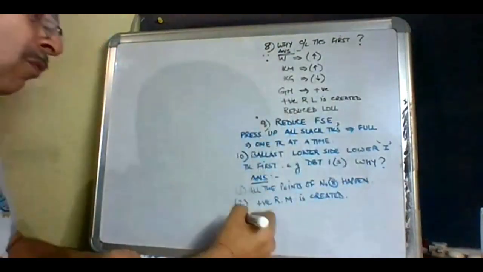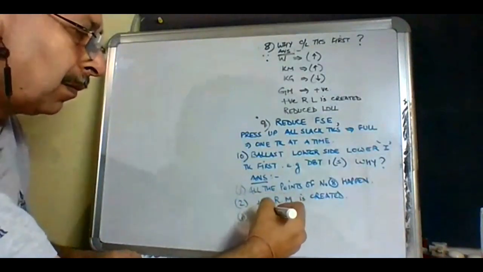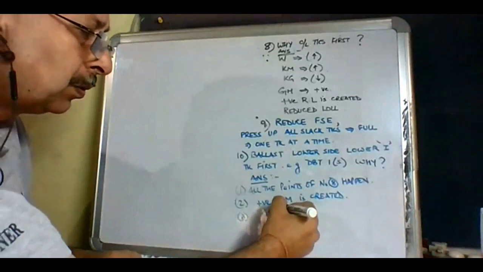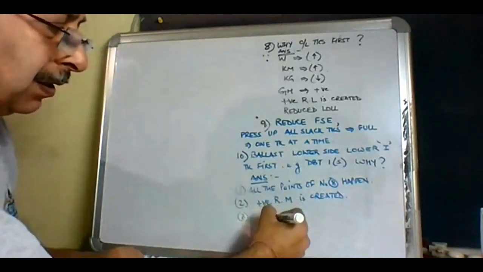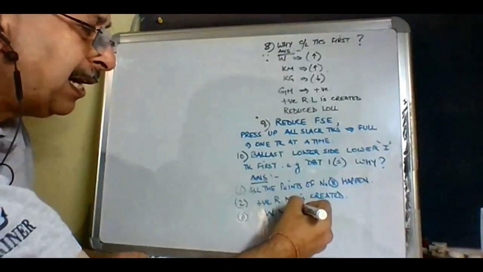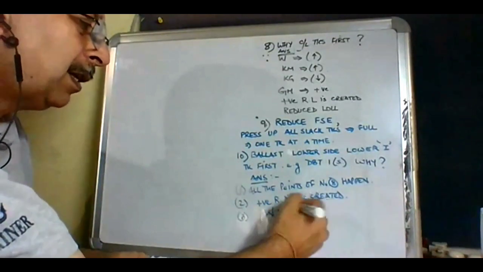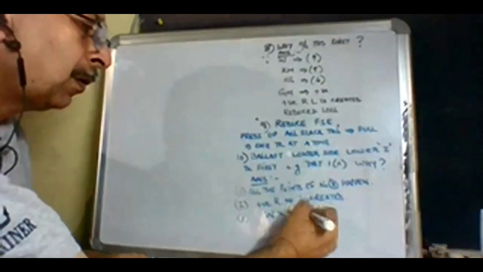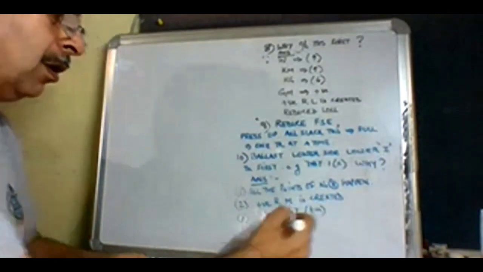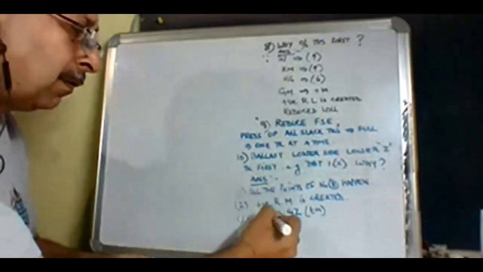This positive righting moment will be W, the capital W displacement, into the righting lever, that is nothing but GZ, so many ton meters of positive value.